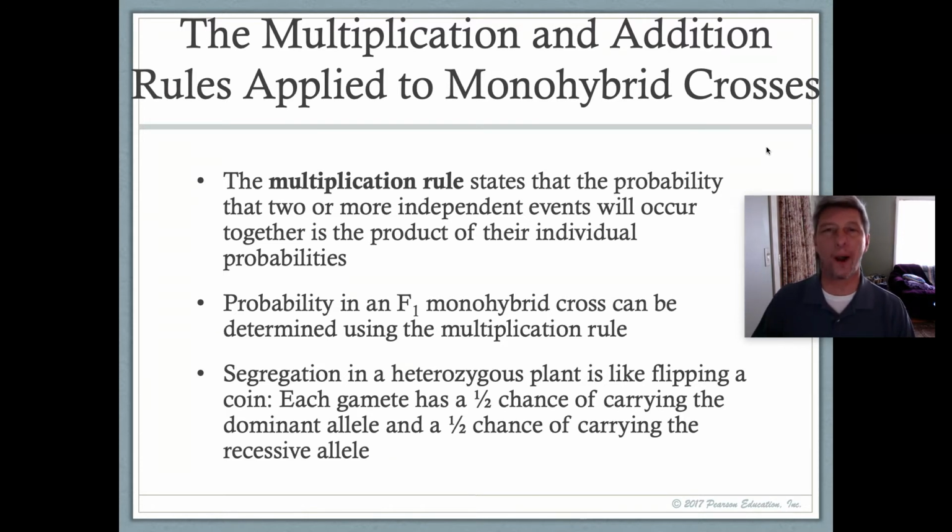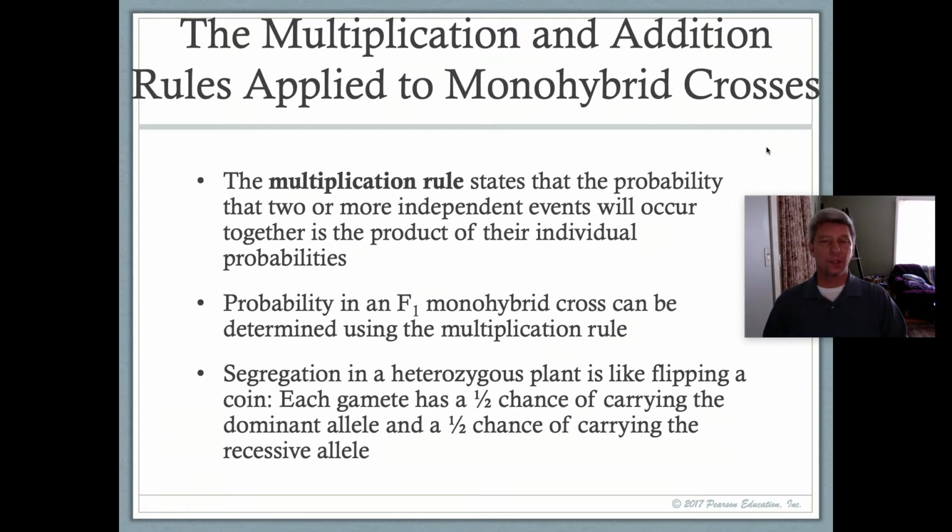And therefore, the probability that your offspring, the F2 generation, is going to be homozygous recessive is 1/2 times 1/2, or 1/4. So probability in that F1 monohybrid cross can be determined using the multiplication rule.